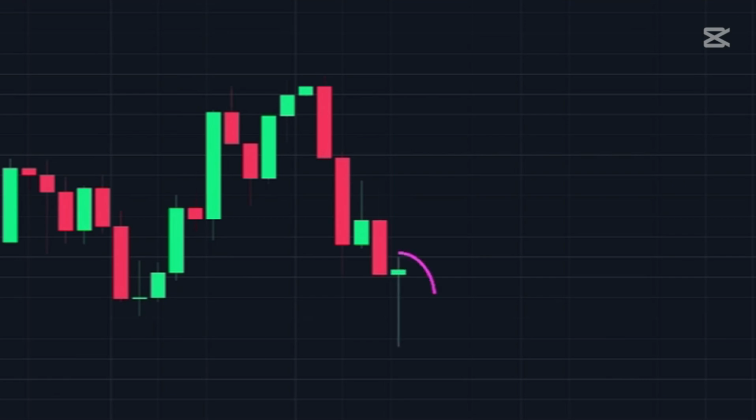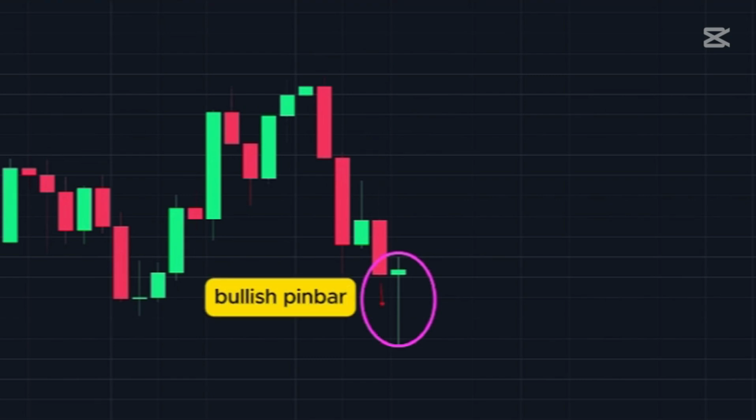When you see a pin bar candle forming on the chart, this means that the original sellers have taken control and pushed prices down. But then the buyers walked in, rejected that move, and pushed the price back up before the candle closes. This shows that while both sides are active, the buyers have finally become stronger.